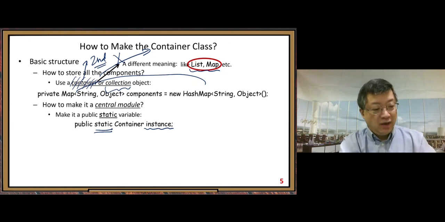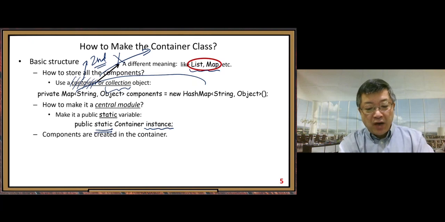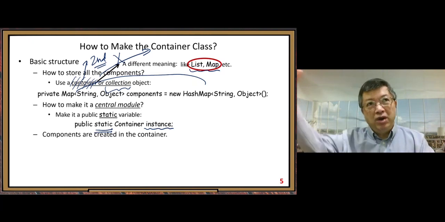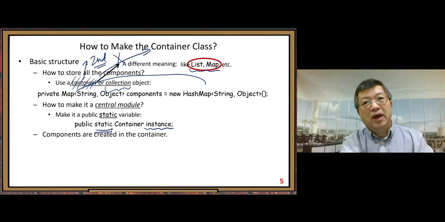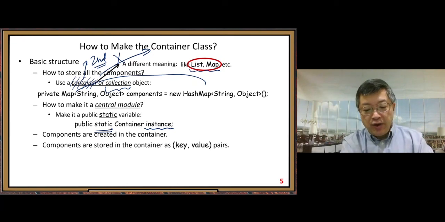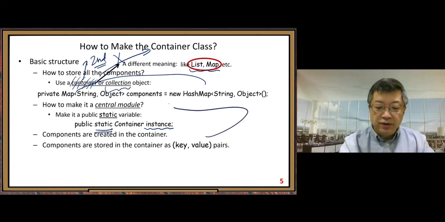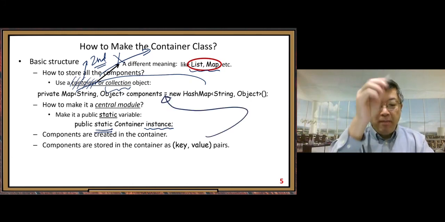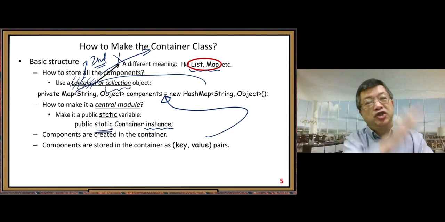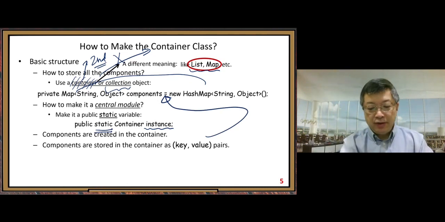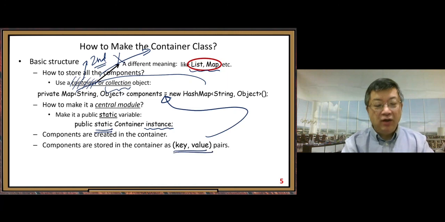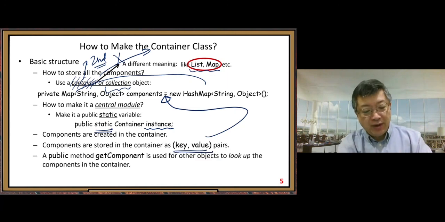All right. Components are created in the container. That's the responsibility shifting. Components are stored in the container as key-value pairs in that special map object. Search by key. We need to do the search. Okay.